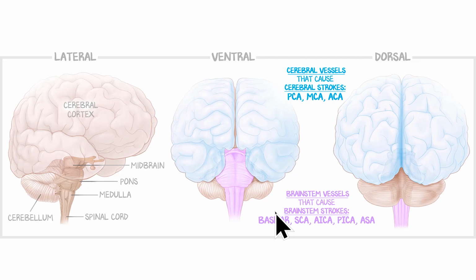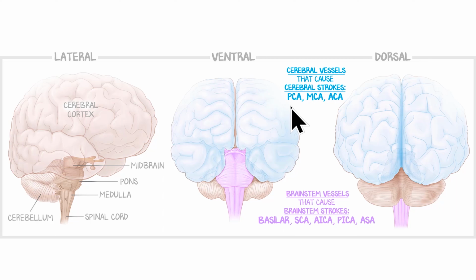And so while technically the anterior circulation is the combination of two internal carotid arteries forming two middle cerebral arteries and two anterior cerebral arteries, what I want you to learn is that when the PCA, MCA, or ACA are blocked, they cause ischemia in the cerebrum.